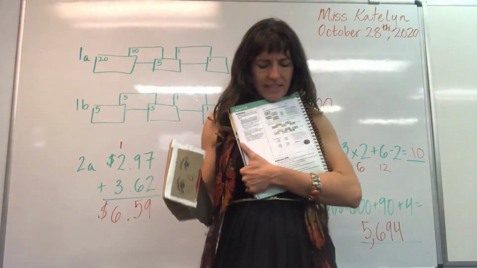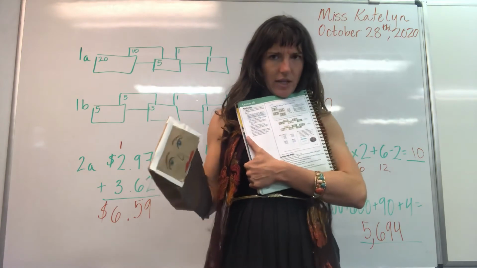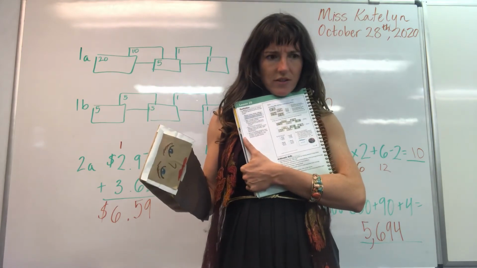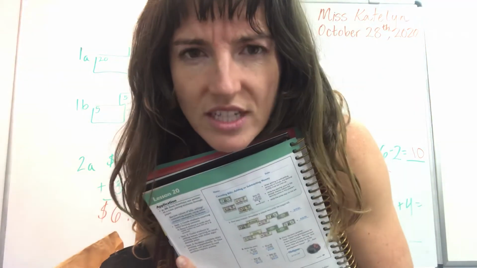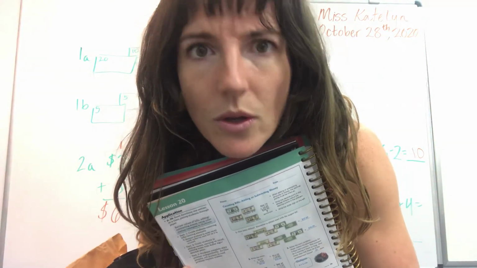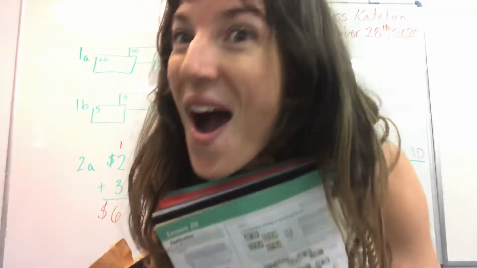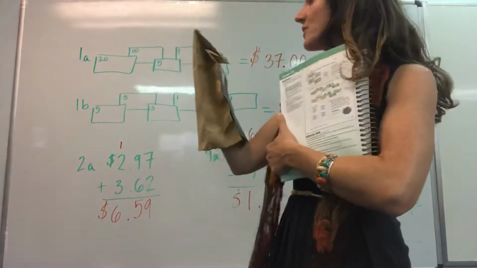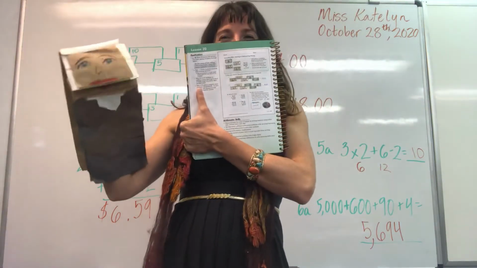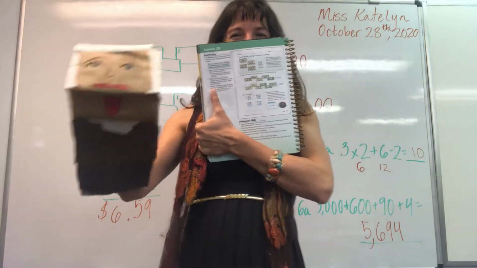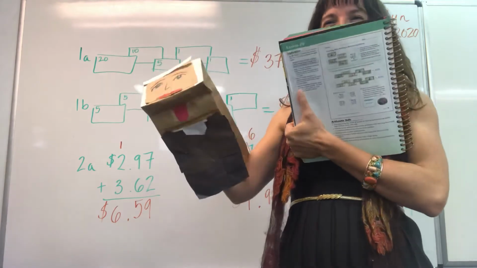Altogether. Do you know what altogether tells us to do? When they want to know how much everything is all together, they want you to plus? Okay, Christopher Columbus, it's plus. Yes, prego, grazie, prego, it's plus.